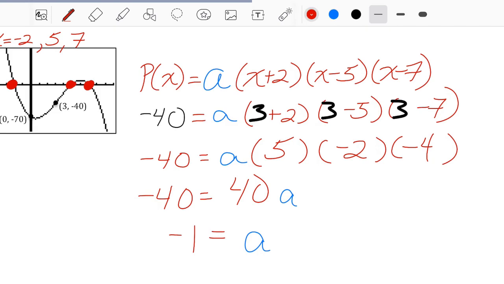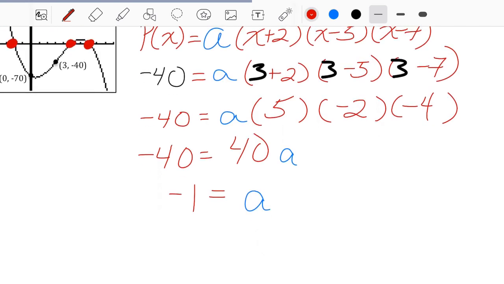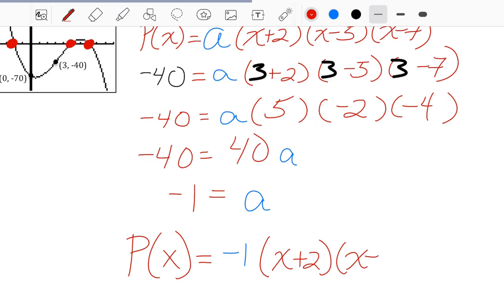So what do I do with that? Well, I gotta put that back in. I gotta put that number back into my equation. That is, I gotta put -1 back in for a. But I still have x plus 2, x minus 5, x minus 7.